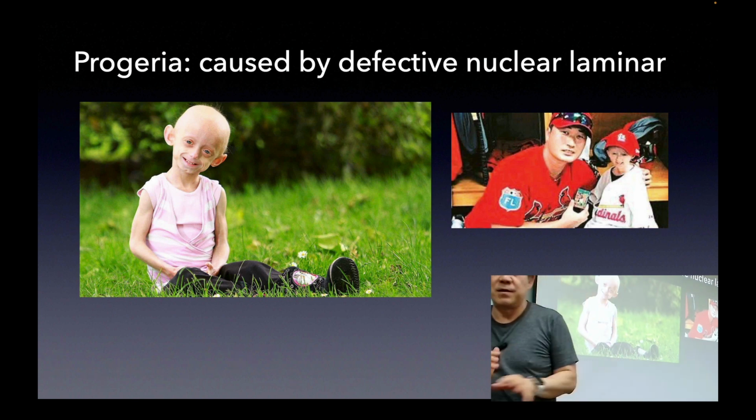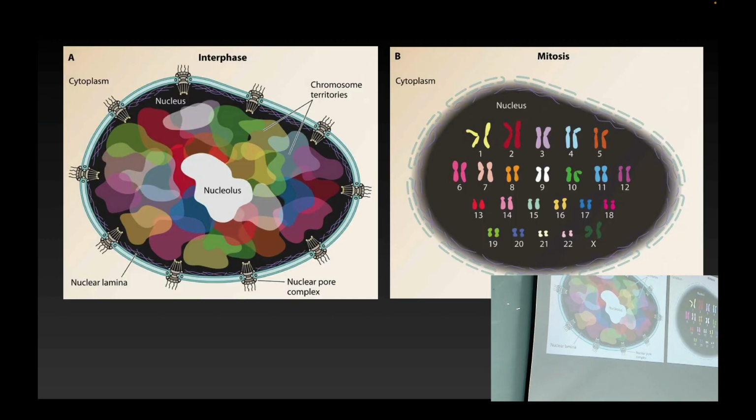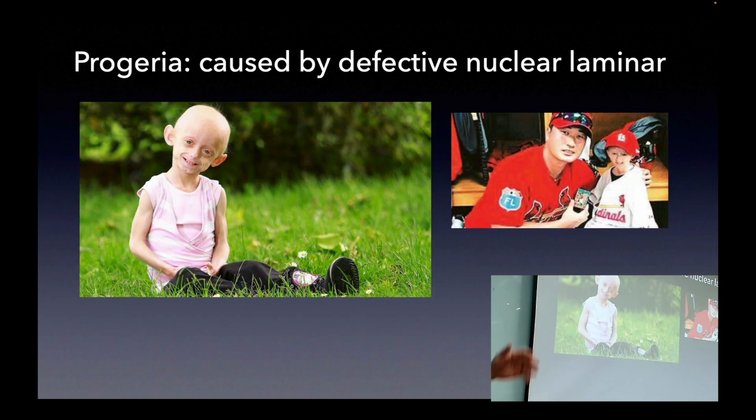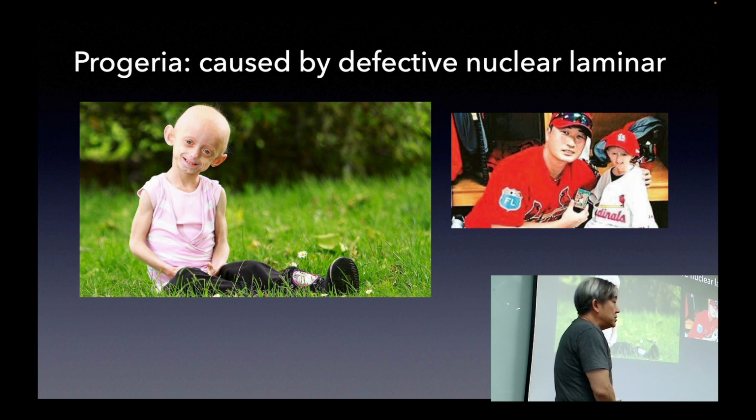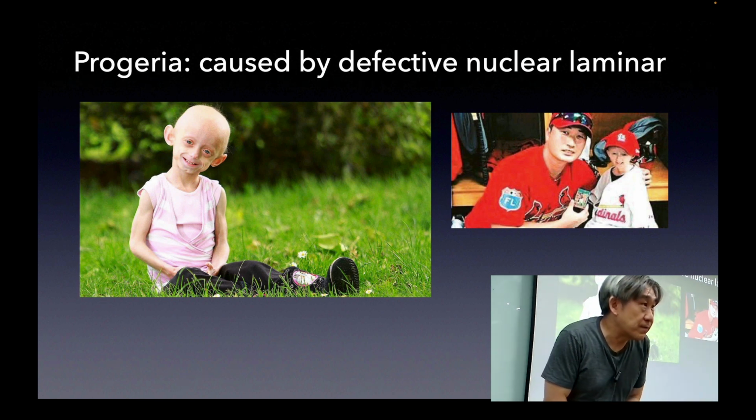Progeria is a genetic disease that causes premature aging.